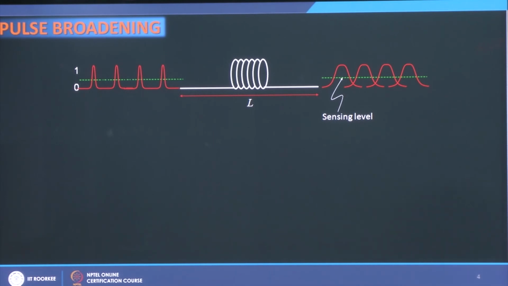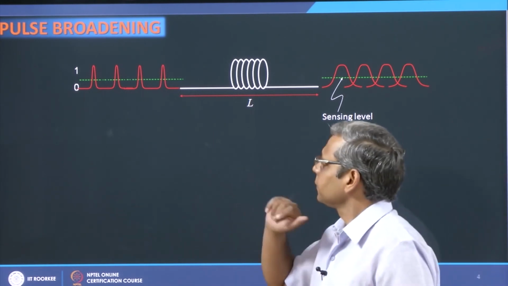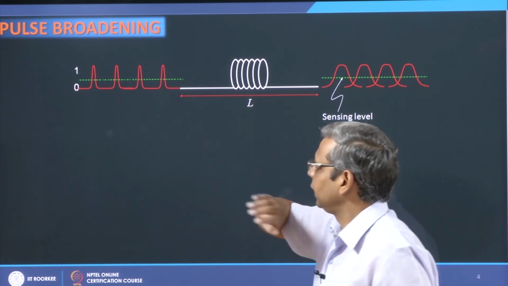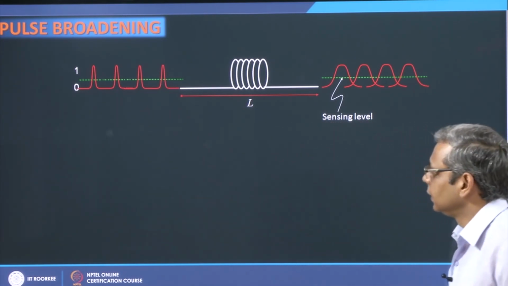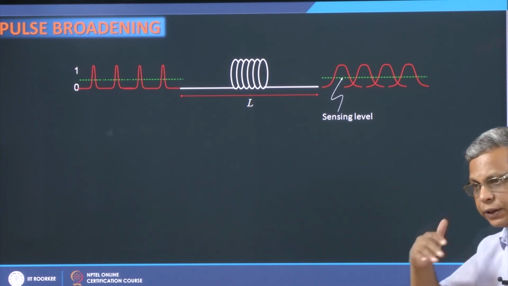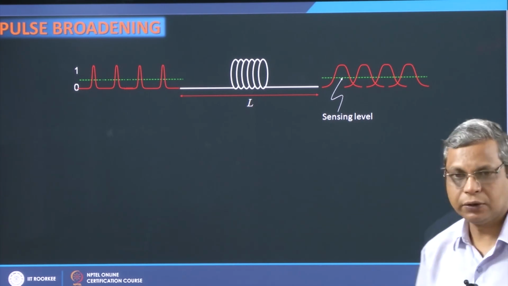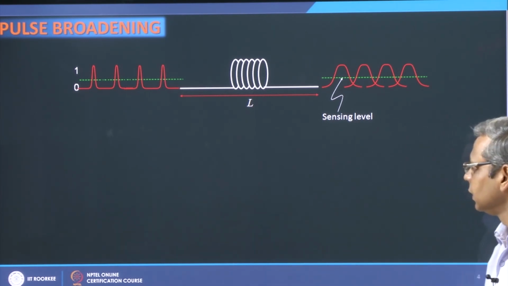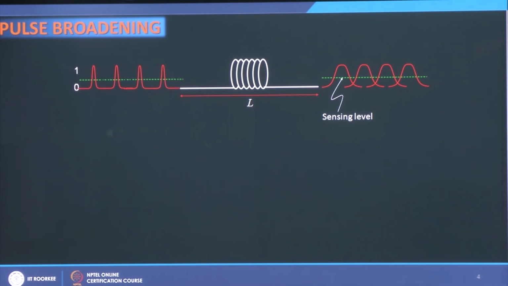So, this is the input pulse strain. Let us say this green line represents the sensitivity of the detector. So, anything which is below this would be recorded as 0 and anything which is much above this is 1.